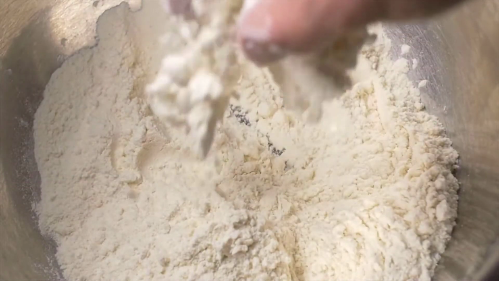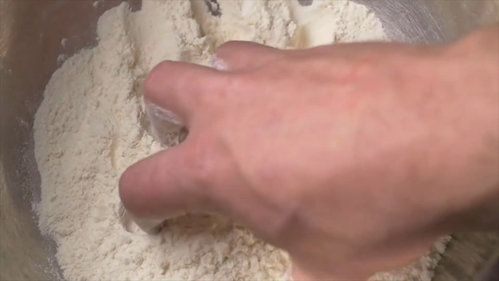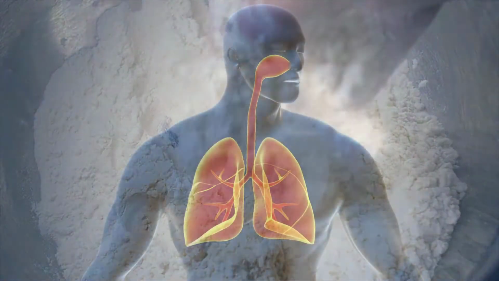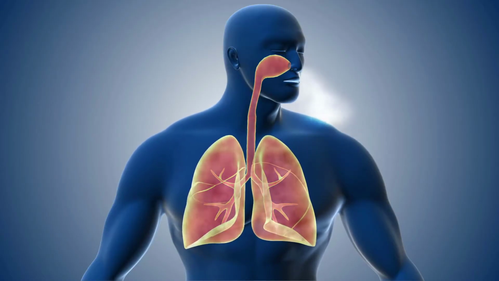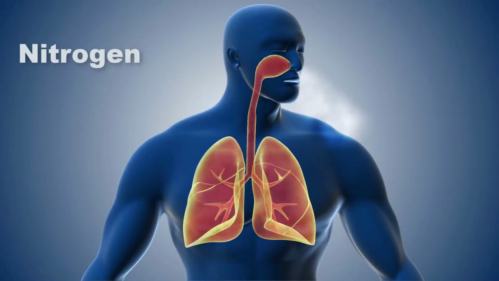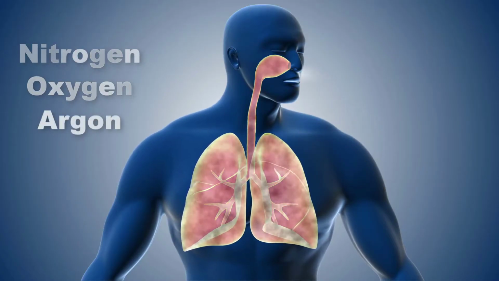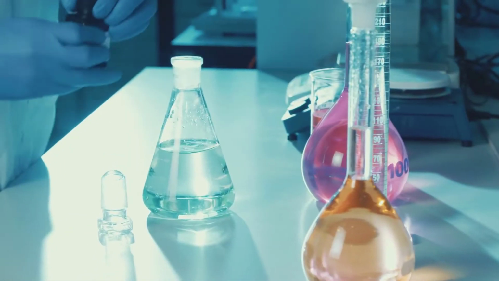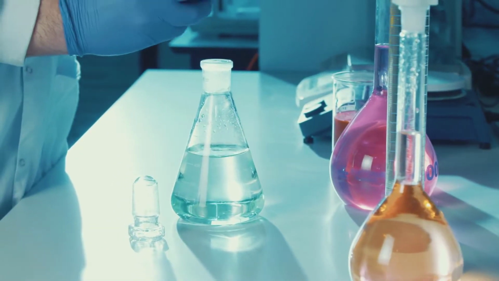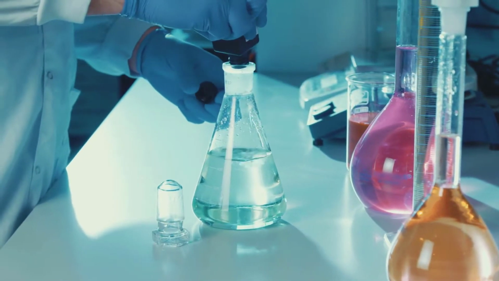When you stir them in a bowl, they obviously do not bond to form a new compound. The air that you breathe is a gaseous mixture containing three discrete elements: nitrogen, oxygen, and argon, and one compound, carbon dioxide.